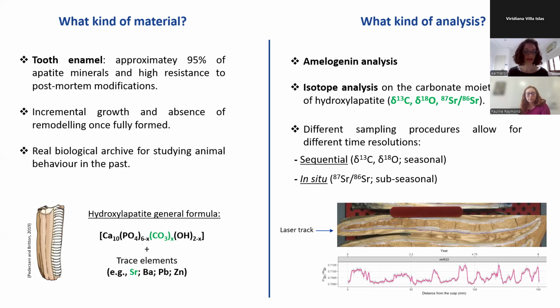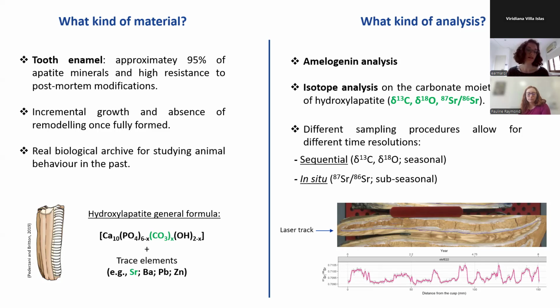I highlighted these elements in the general formula of the hydroxylapatite. Carbon and oxygen are present in the carbonate group, substituting for the phosphate group of the hydroxylapatite, so we measure the carbonate portion of the apatite. This general formula is made more complex by a number of trace elements, including strontium.